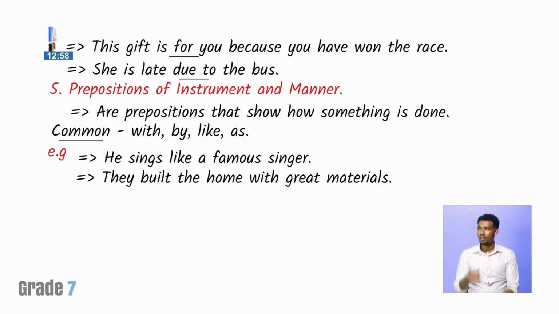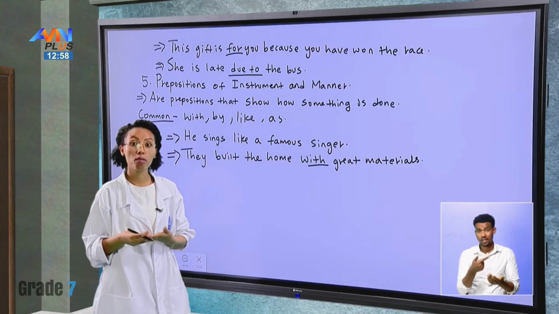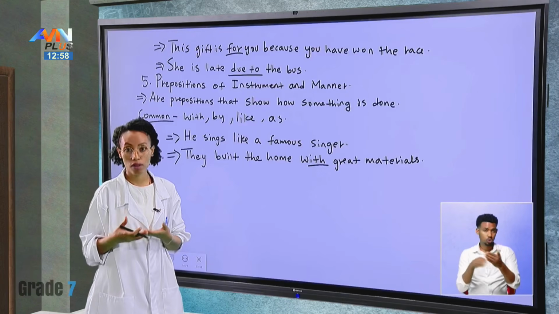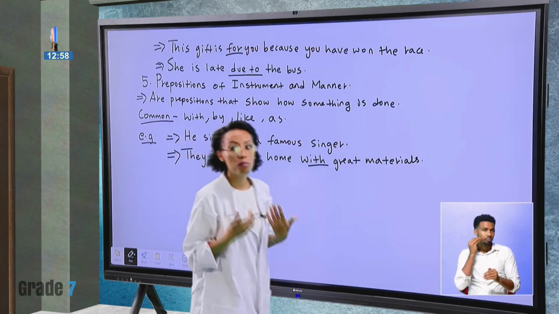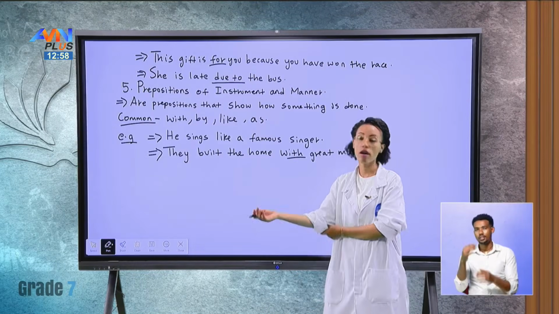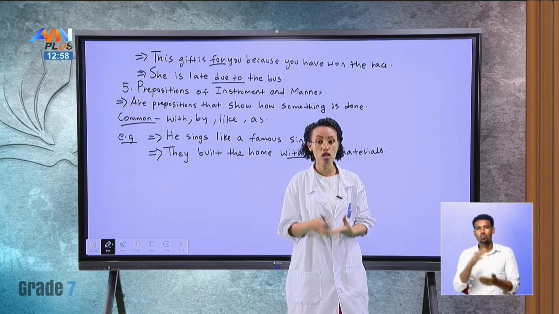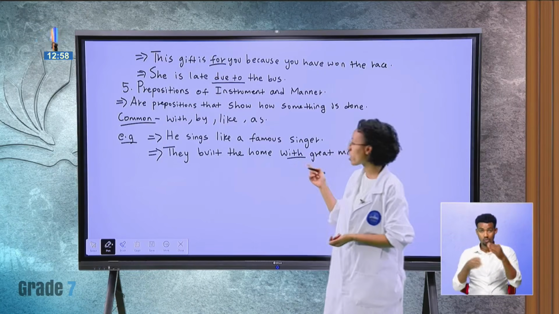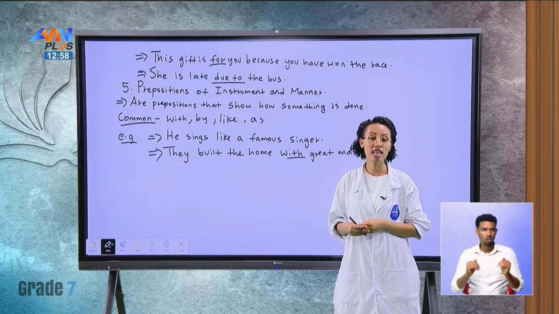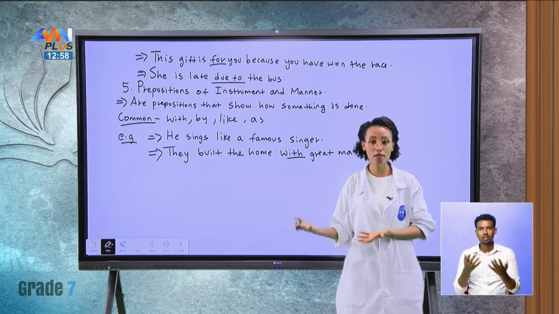Again, when we're saying with, we're talking about what? Instruments used to build that specific home. If there are engineers or constructors that use good quality material to build, that is really great for the house because it could stand different weathers and it will last a lifetime.